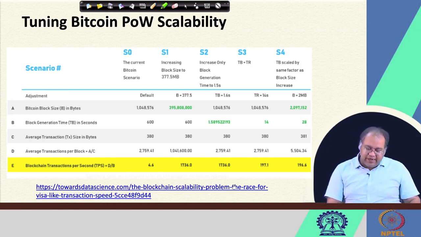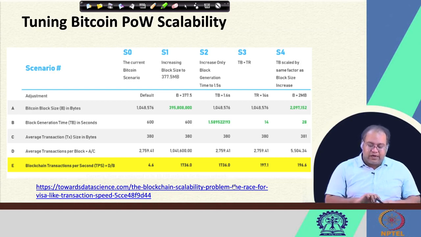It tried to tune these parameters to find out what my block size or block frequency should be to reach a transaction throughput of 1736 transactions per second, which is typically supported by Visa.